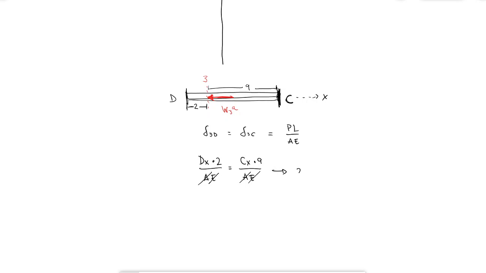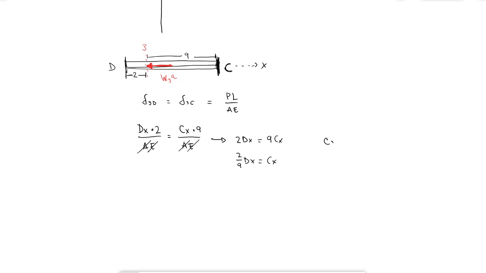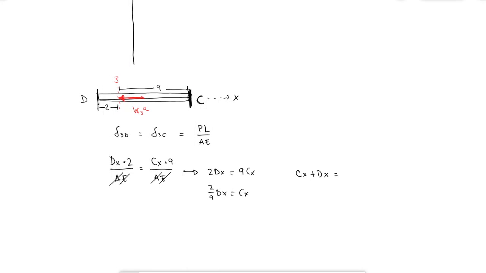All I care is that 2dx is equal to 9cx, meaning that 2/9 of dx is equal to cx. But I also know that cx plus dx is equal to what? This comes from the sum of forces in the x direction: Cx plus dx minus W3a has to be equal to 0.